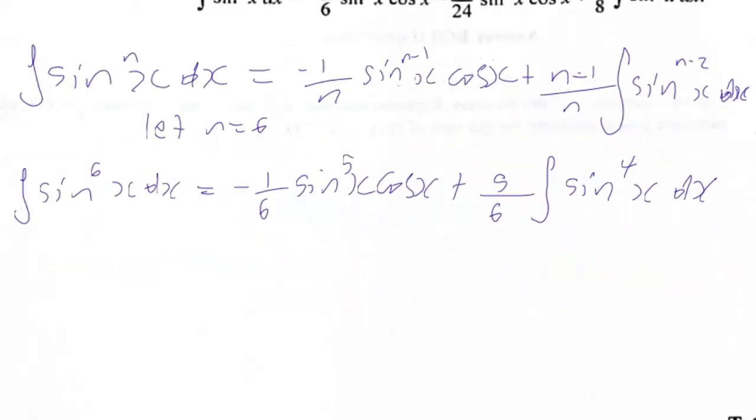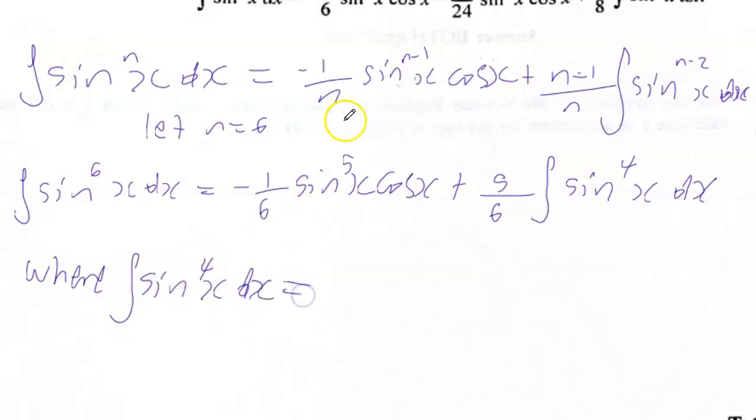So let's now find the integral of sine to the 4th power. So this time, in the formula, we're going to replace n with 4. So we let n be 4. Applying this formula, just find the integral of sine x to the 4th power.